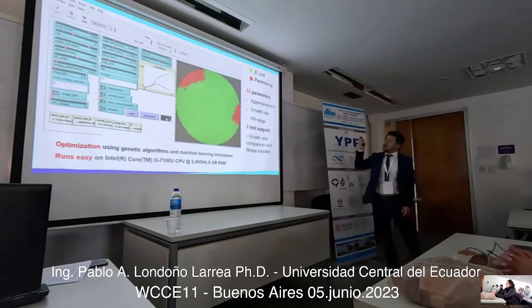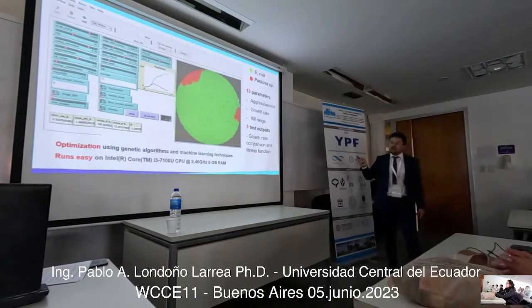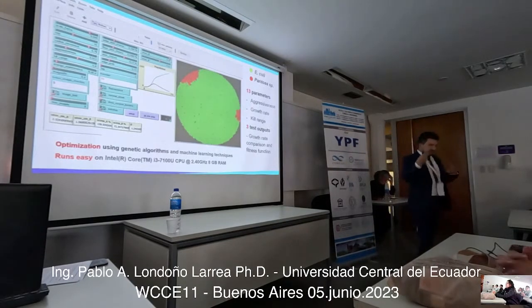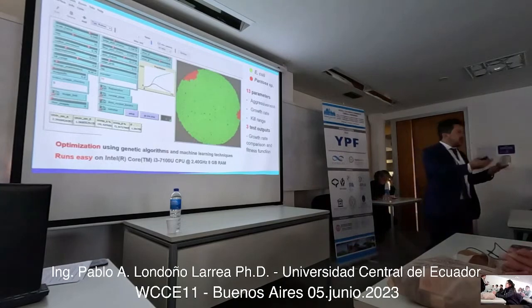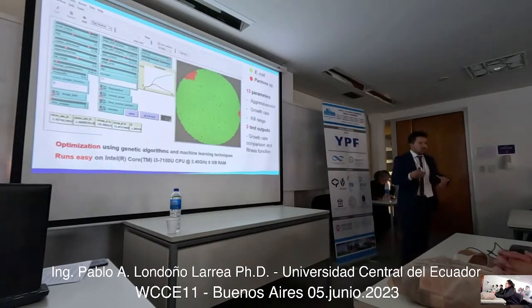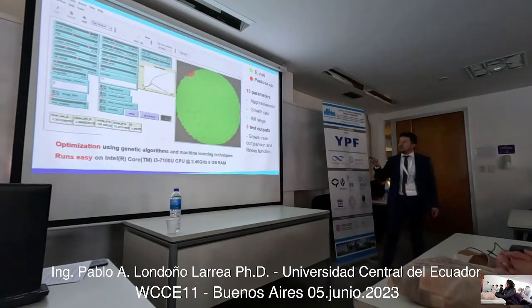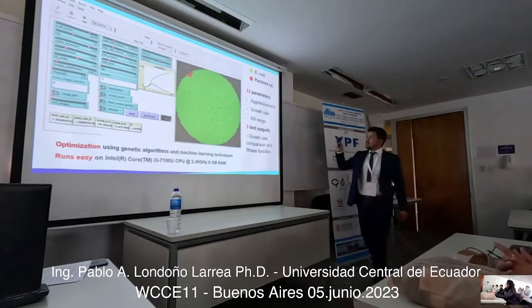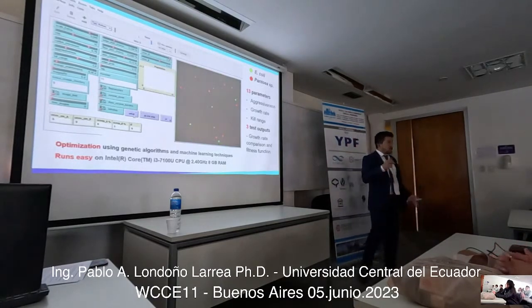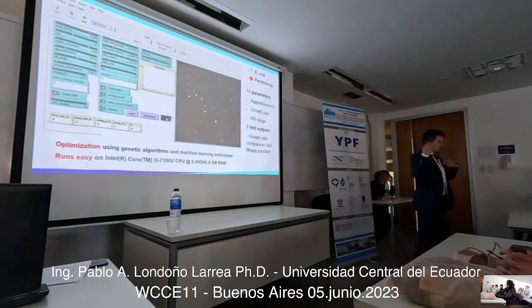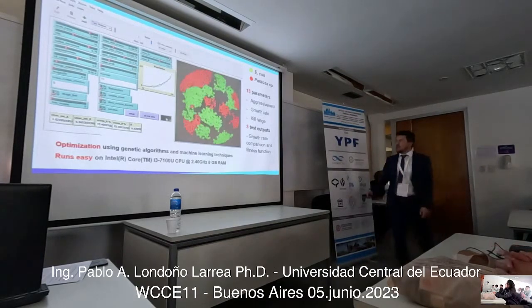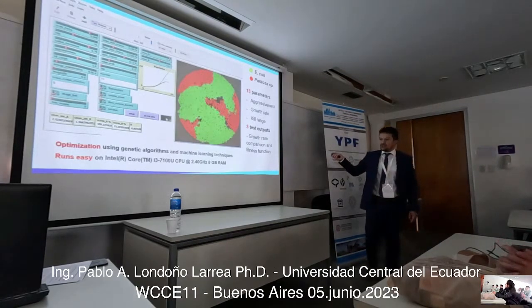Yeah? We have 13 parameters, including aggressiveness, growth rate, and kill range. That is really useful for simulating this kind of interaction with other bacteria. And we also have 3 test outputs: the growth rate, a comparison between the obtained and the experimental results, and a fitness function.